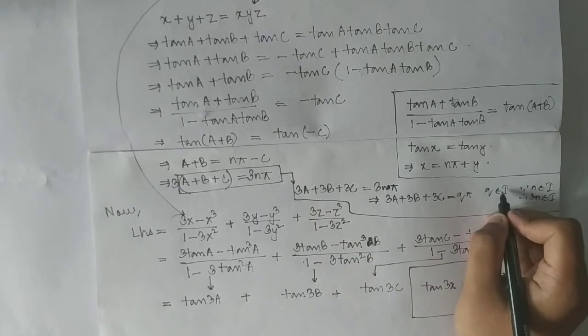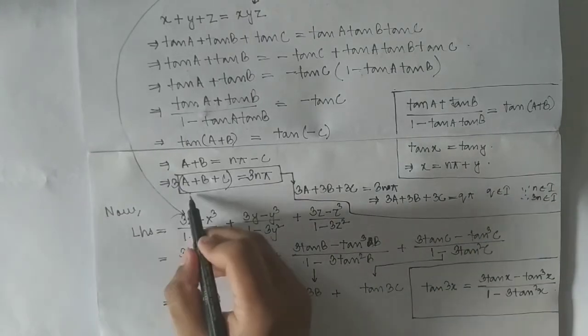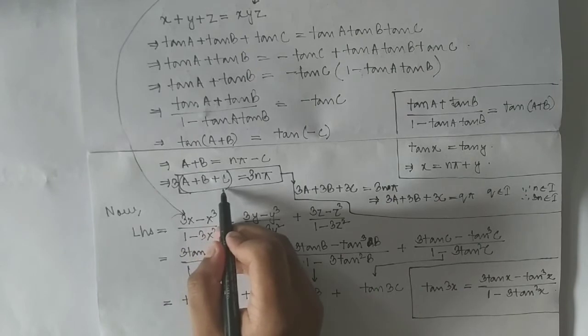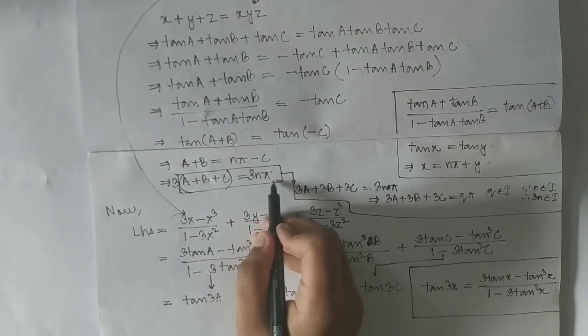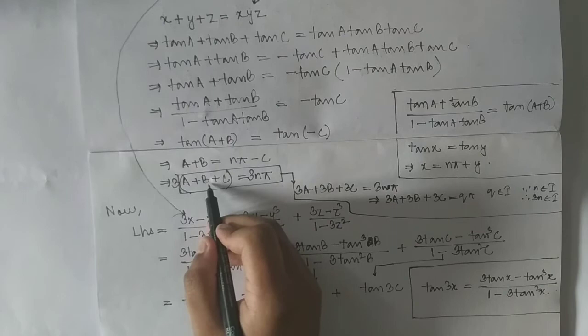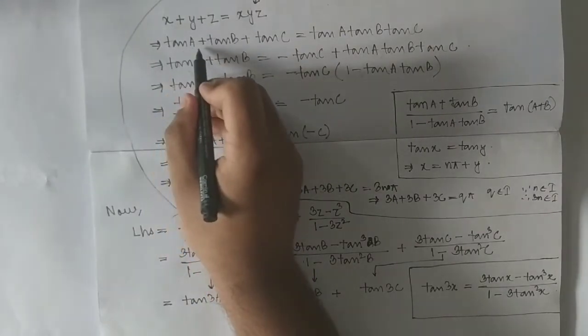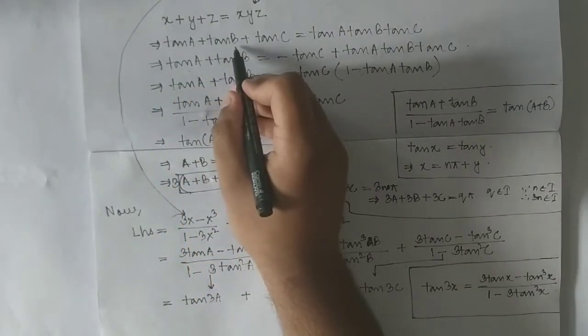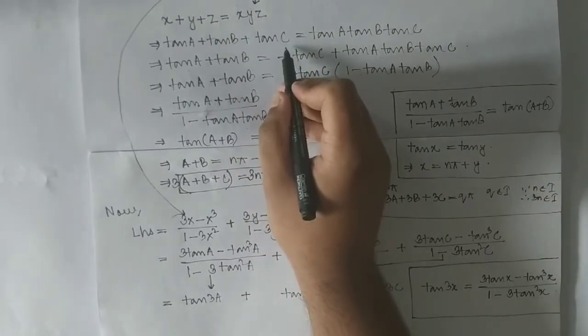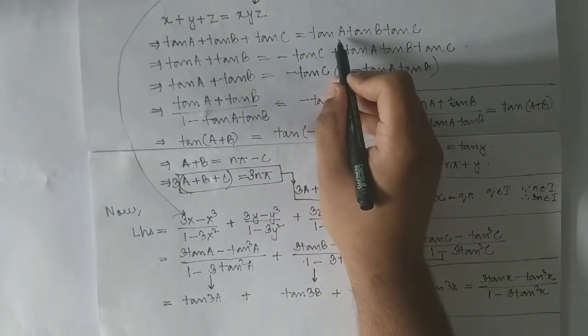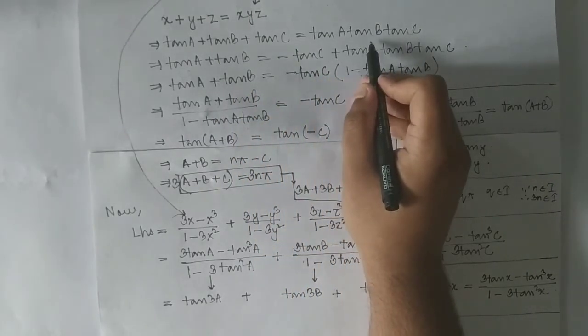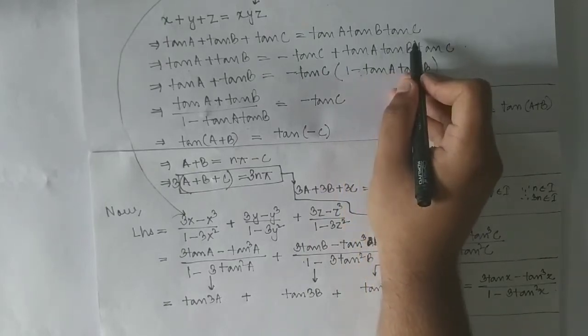Now when A plus B plus C was equal to n pi, then we could write tan of A plus tan of B plus tan of C is equal to tan of A into tan of B into tan of C. I could write this.